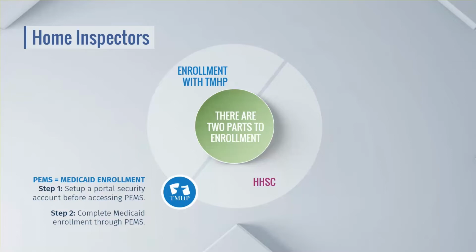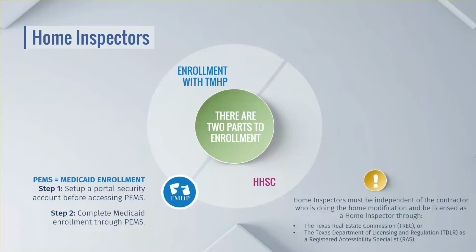To enroll in the CSHCN services program, a provider must enroll with TMHP's Provider Enrollment and Management System, also known as PEMS. FSS providers must use PEMS in order to enroll as a Medicaid provider. If you haven't previously enrolled into Texas Medicaid, you will need to set up a portal security account before accessing PEMS.